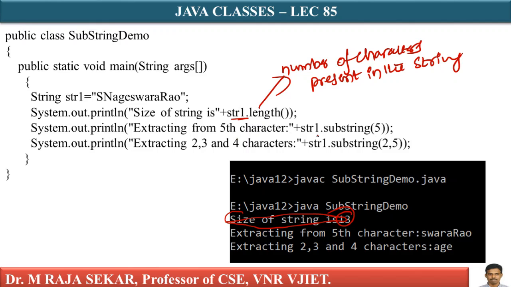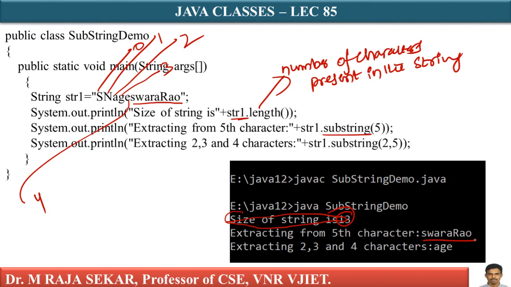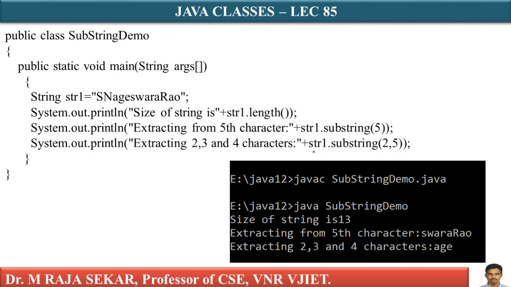Extracting from the fifth character, str1.substring. We already discussed what substring is. This is 0, this is 1, this is 2, this is 3, this is 4. Where is the fifth one? Swarao. Just see, extracting from the fifth character. What about the next one? str1.substring(2, 5).